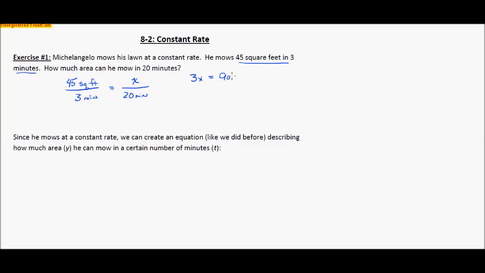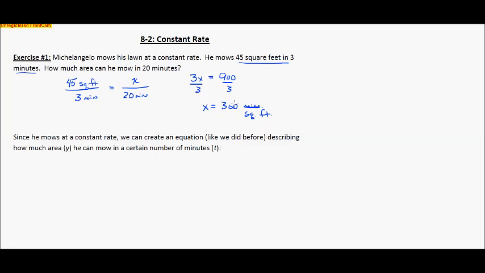It turns out really nice, because we're going to divide by 3 on both sides, and x equals 300. Whoops, sorry, not minutes, square feet. So 300 square feet.